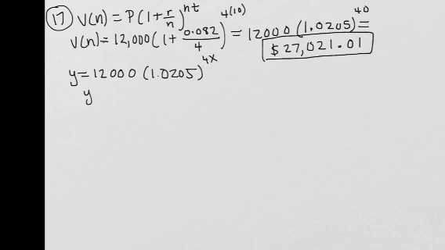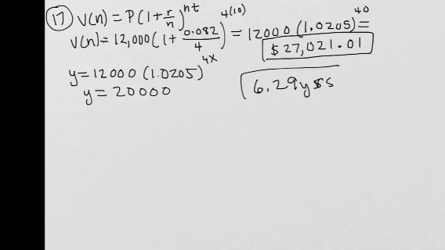So don't forget that 4 in the exponent, okay? And then the other one is 20,000. Okay, so I got 6.29 years on a graphing calculator. Now, one thing I discovered when I was inputting the calculator: I have an older version of the TI, so I didn't bring the one that we use in class.